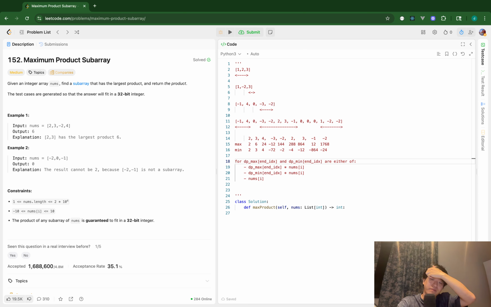When I showed it in the example, I distinguished the case when the number is negative or positive, but actually I can generalize it in this way, obviously. Okay, so let me work on the implementation.